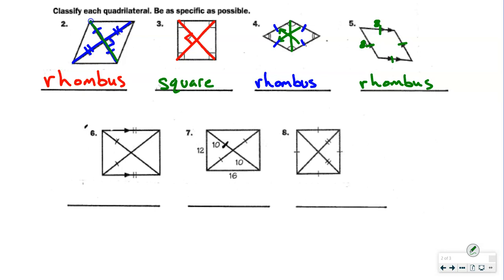So number 6. Number 6, we have the top and bottom sides are parallel, and they're also congruent. So they're parallel and they're congruent, they're the same length.